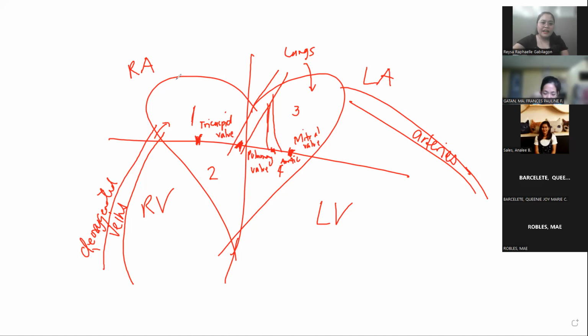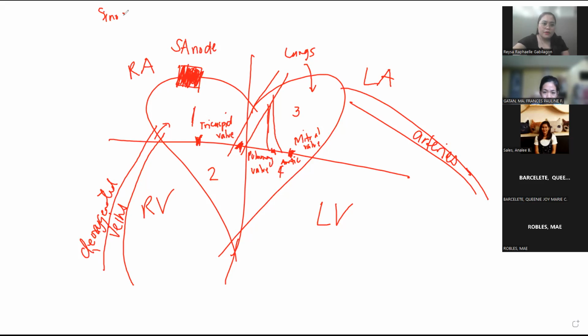Okay, it is here on the right side. We have here, class, what we call the SA node. SA node means sinoatrial node. This is what we call, class, the pacemaker of the heart. Okay, pacemaker.